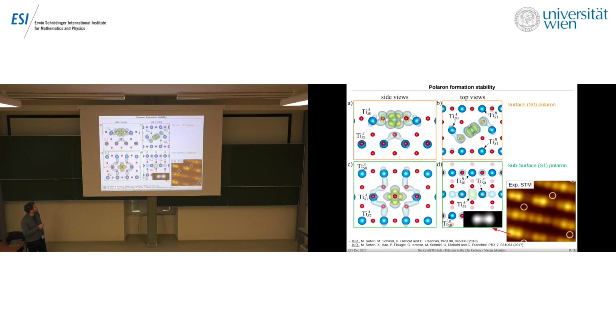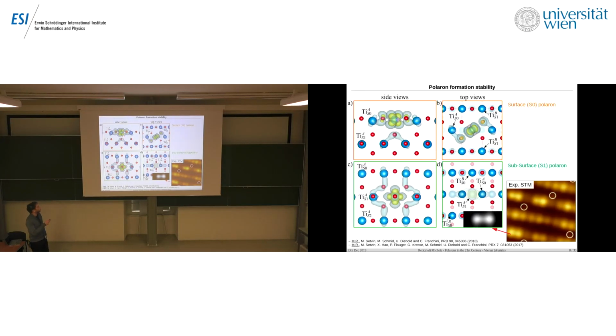If we model the polaron here, we see that most of the charge, about 70%, is localized on this site, but there is a considerable part of the charge which spreads on the surrounding titanium atoms, in particular these two, giving rise to this spot on the simulated STM, which corresponds to the experimental STM.